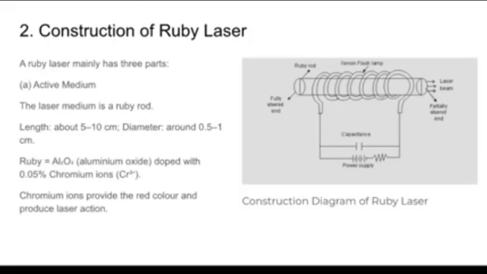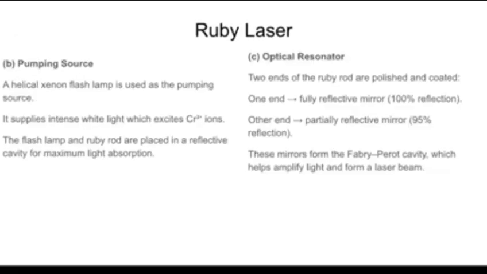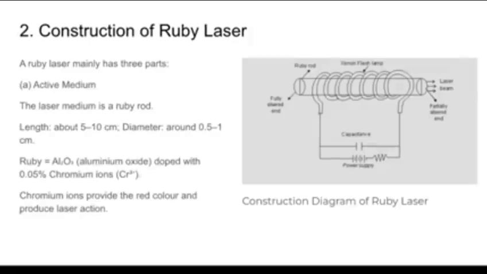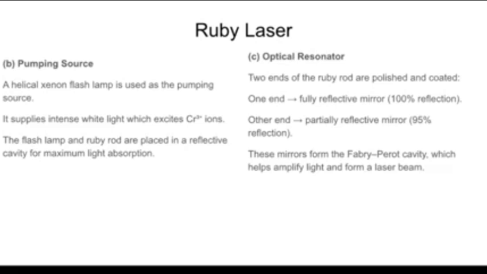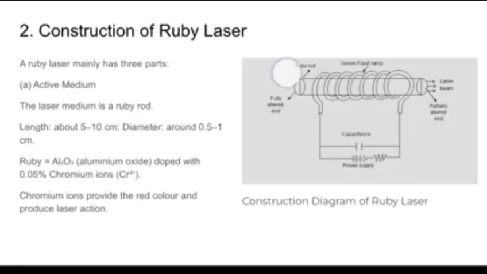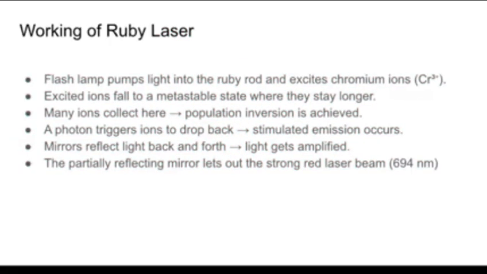Here we can see the lamp, which is known as the pumping source, and this is known as the optical resonator. We can say one end is fully reflective and the other is partially reflective.